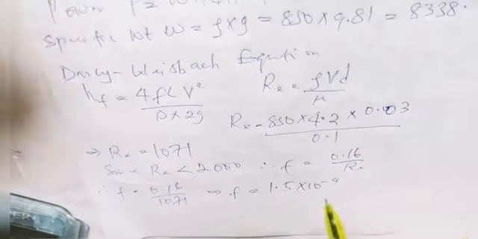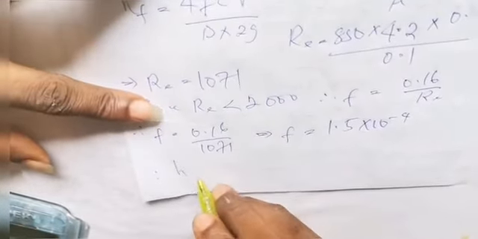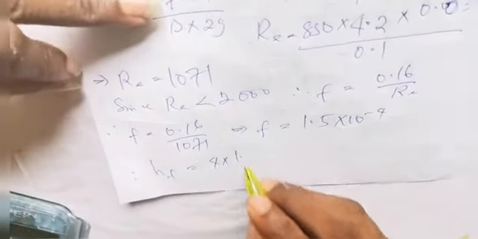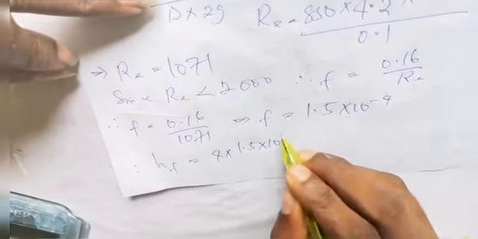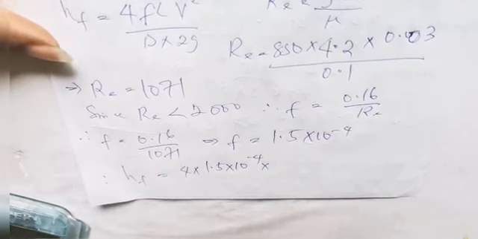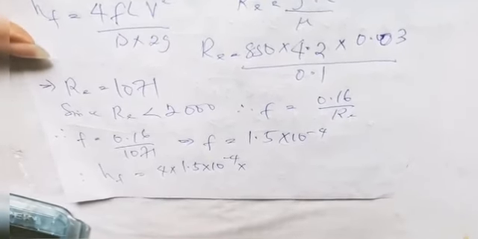So we plug it back into the equation for the head loss due to friction. Therefore, head loss due to friction is equal to 4 multiplied by the friction factor, 1.5 by 10 to the power of minus 4, multiplied by the length. Now, the length is always taken as 1 since you're given pressure per meter length.